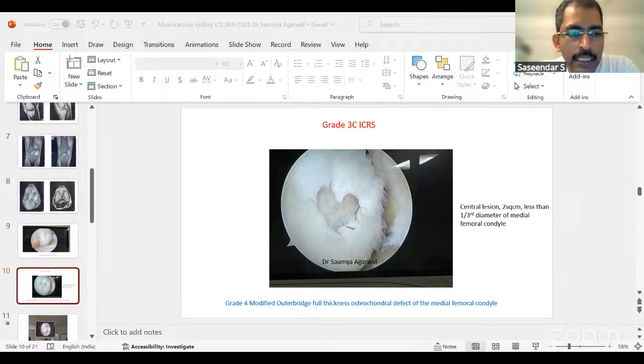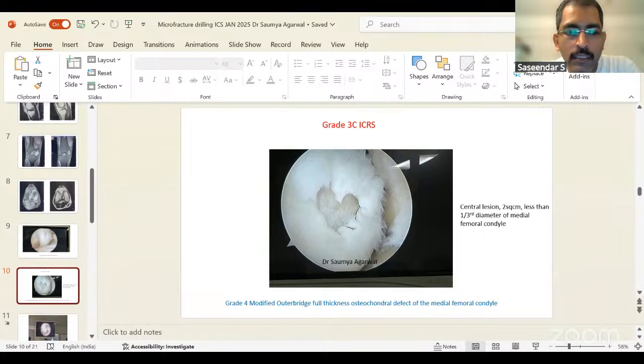And when you see the arthroscopy picture, the lesion appears to be quite larger than it looks, as in there may be a bit of delamination of the more medial part of the cartilage, possibly covering the whole of the medial condyle of the femur.